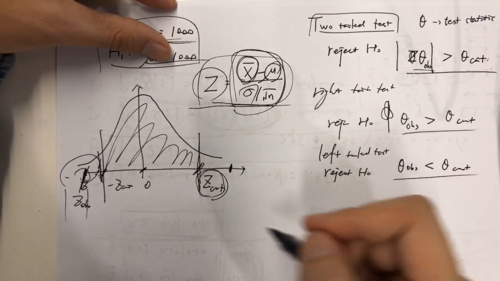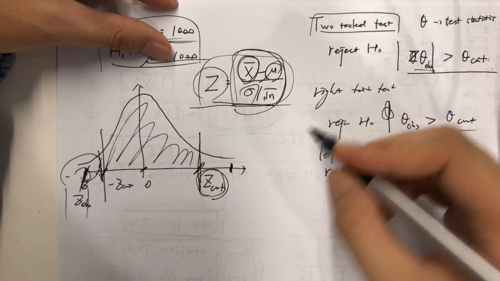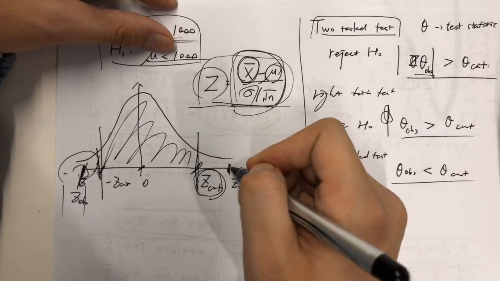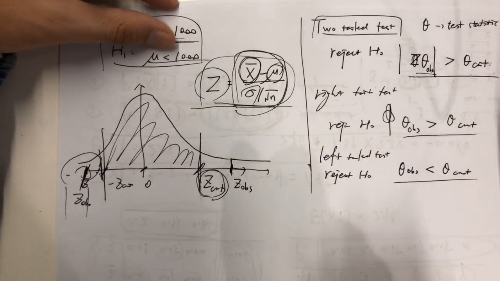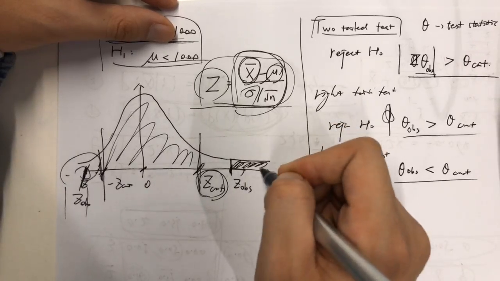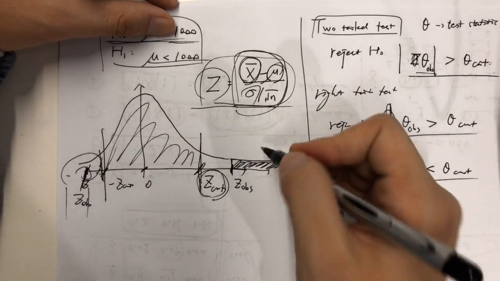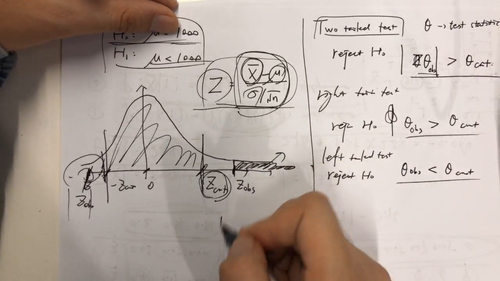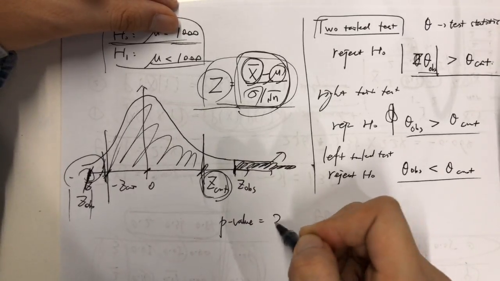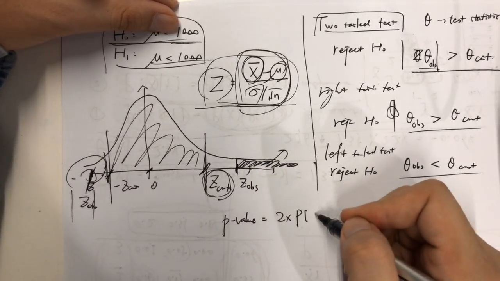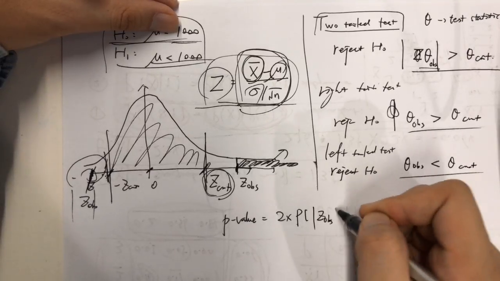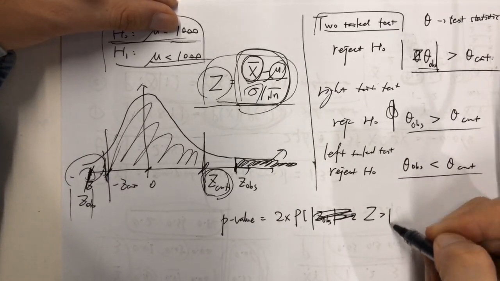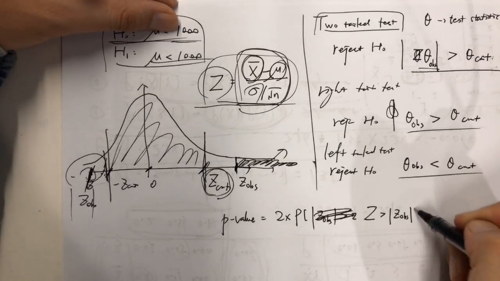Now, for the p-value approach, they are actually equivalent things. So if we observe a z over here, and we know the probability to the right-hand side, if it is a two-tailed test, then the p-value is equal to 2 times the probability of z greater than the absolute value of the observed z, right?